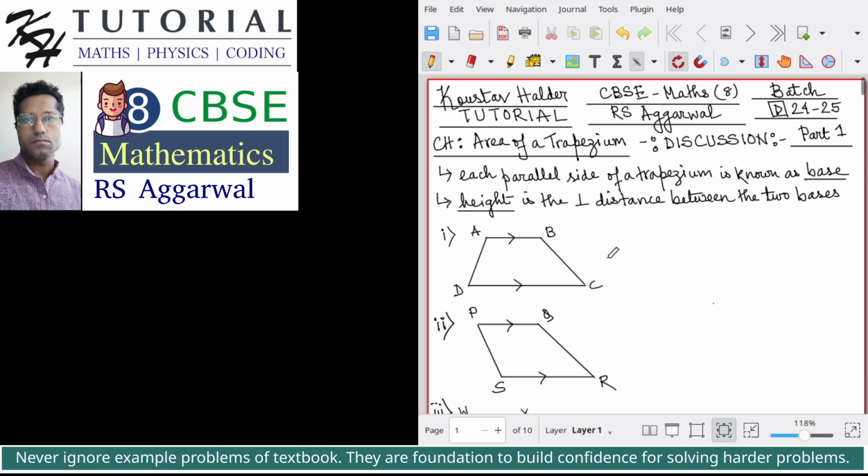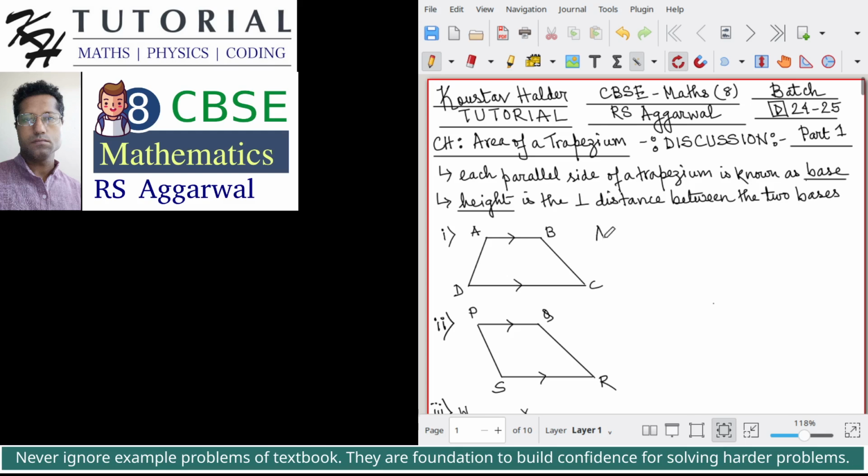Now what is the height of the trapezium? Each parallel side of a trapezium is known as its base. So we have one pair of opposite parallel sides. In figure 1, in the trapezium ABCD, AB is parallel to DC.